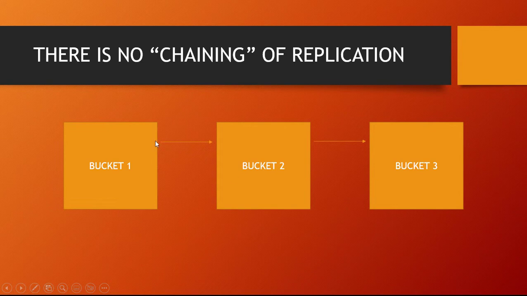For example, if I upload a file, let's say beach.jpg, to bucket 1, then beach.jpg will be in bucket 2, but it will not be in bucket 3 because there is no chaining. But if you upload something to bucket 2, that will be replicated to bucket 3. I hope this is clear. This is called chaining of replication.